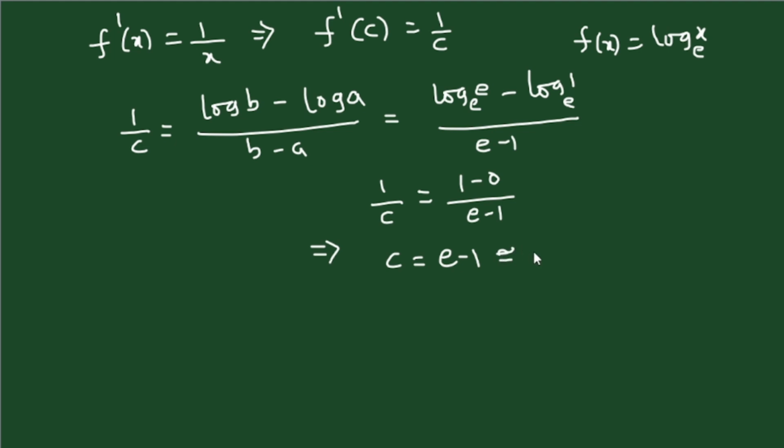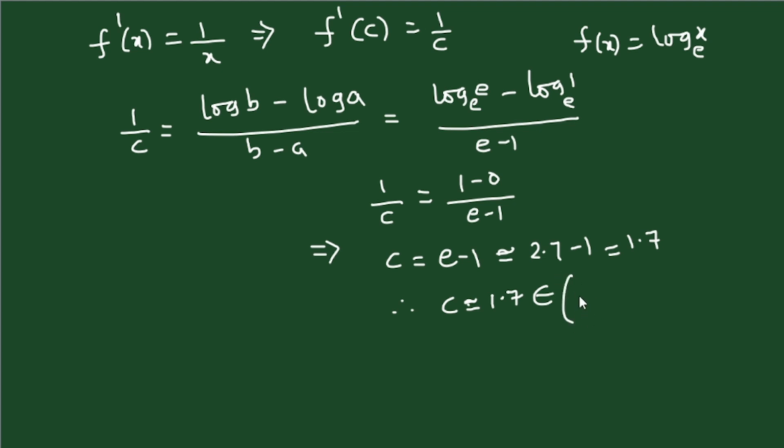So e is approximately 2.7, minus 1, it is 1.7. So therefore, we are able to find a value of c approximately equal to 1.7 that satisfies our requirement that f dash c equals (f(b) minus f(a)) by (b minus a). And what happens here?